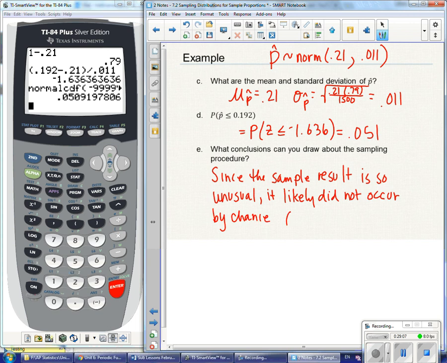And basically what I'd say here is the p-value. And those of you that have taken AP Psych, the p-value is referring to this probability. Since the sample result is so unusual, it likely did not occur by chance. And this leads us to conclude that something's wrong.